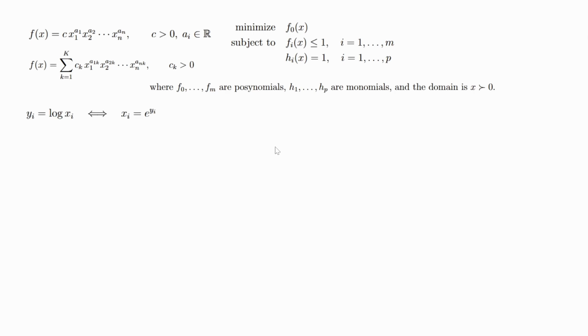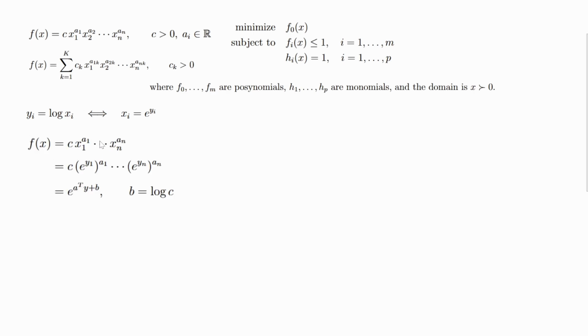Because we have all these exponents, why don't we take the log of all the x values? Once we take the log transform with this new variable y, we have this expression here. Now we're working in log space. Let's see what happens to the monomial under this substitution.